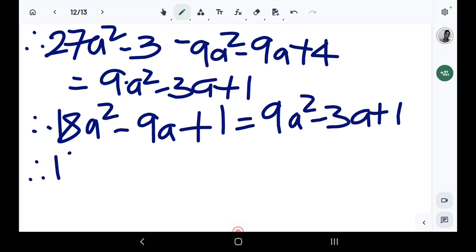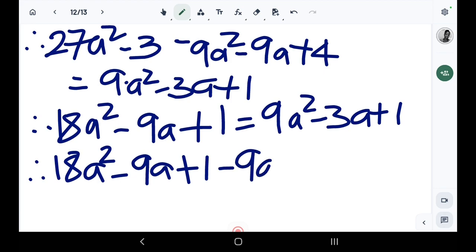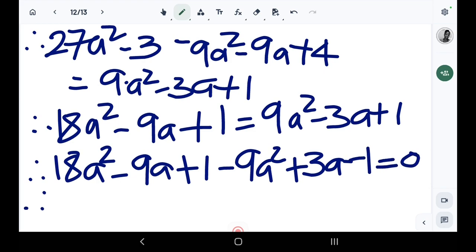Take everything to the left hand side. You're left with 18a squared minus 9a plus 1, minus 9a squared plus 3a minus 1 equals 0. Add like terms. 18a squared minus 9a squared is 9a squared.